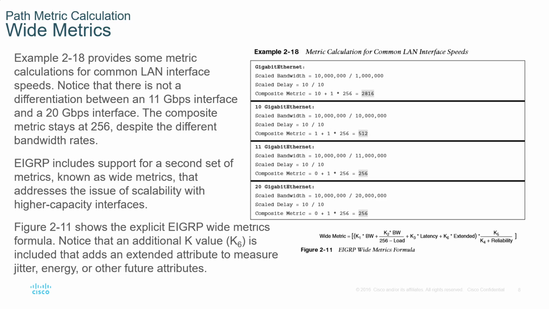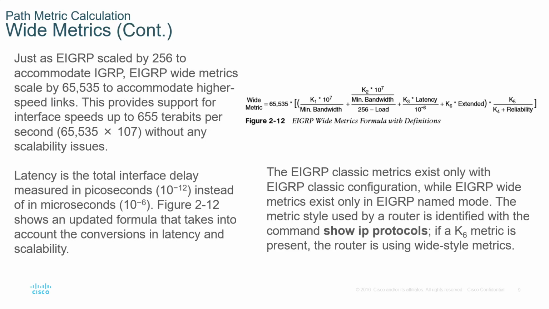Well, we want the named version because of its ability to scale to a much wider, broader selection set over newer networks. So what we need to do is to make the move from classic to named across our networks.